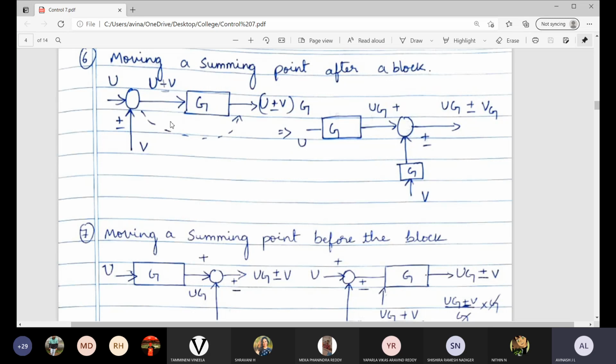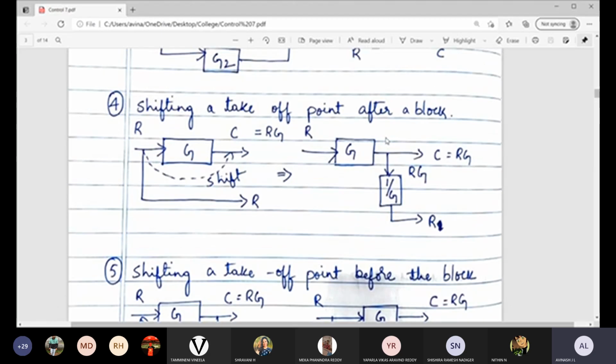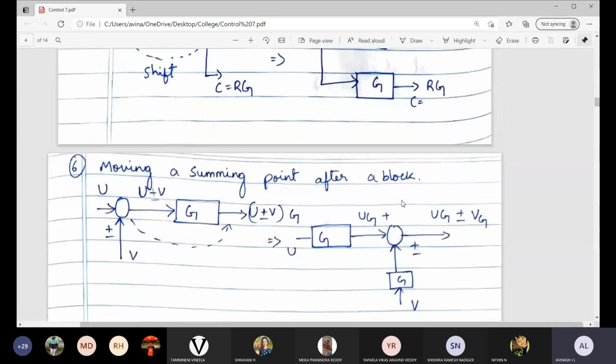So if you are shifting the summing point to the right side, after a block, we must include a block of the value which has been transferred. Here this particular block G is added. But in the case of the takeoff point, it is the reverse way: 1 by G, the reciprocal, we add.